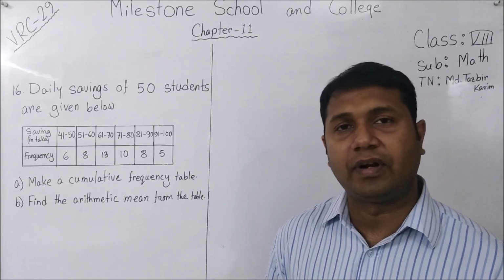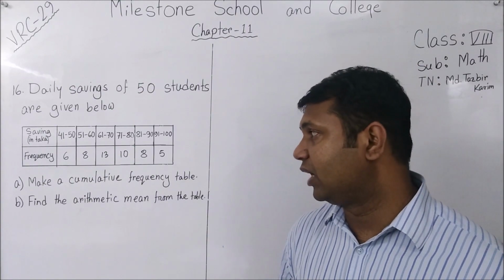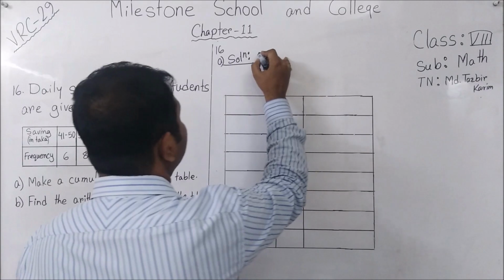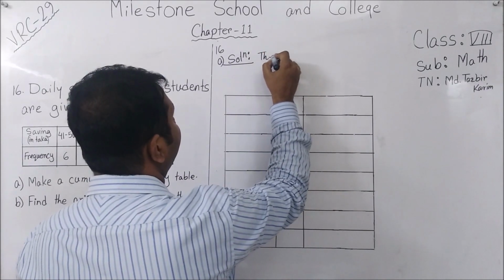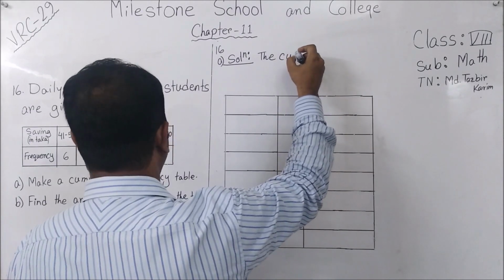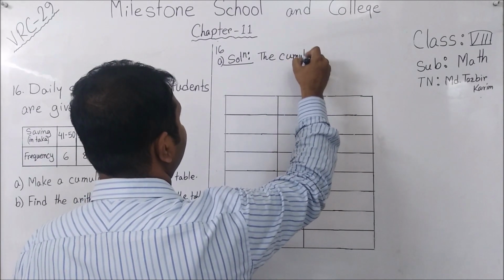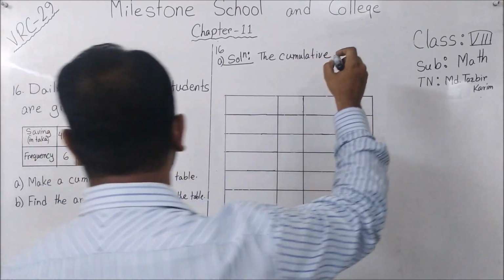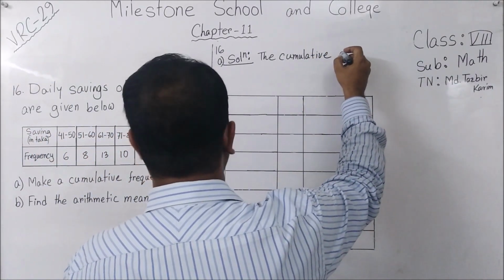So we are going to solve at first. We are going to find out the cumulative frequency table. Okay. Solution is cumulative frequency table.